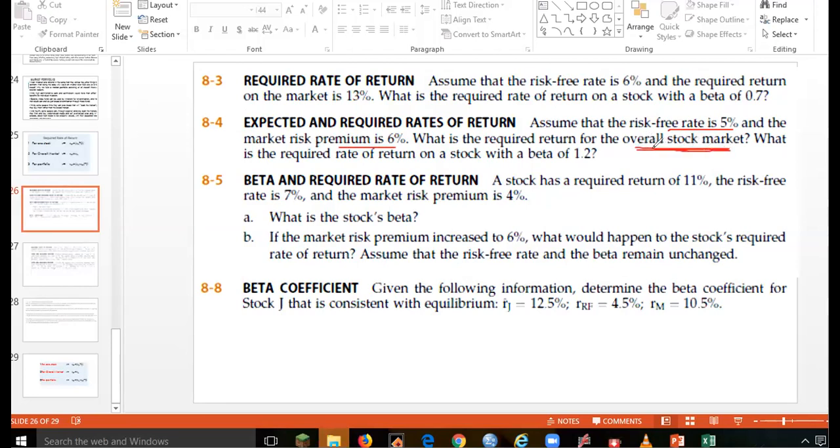So the first return is required for the overall stock market, and in the next part, what is the required rate of return on a stock with a beta of 1.2? Okay, so required rate of return for the overall market, this is the first requirement. The second requirement is required rate of return on an individual stock.